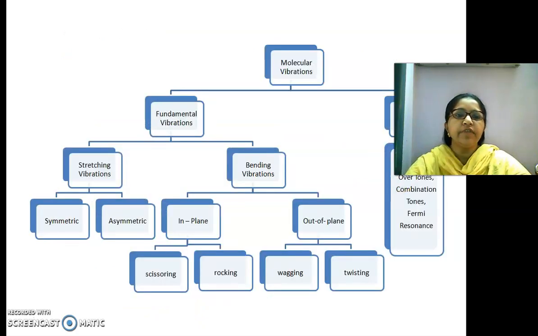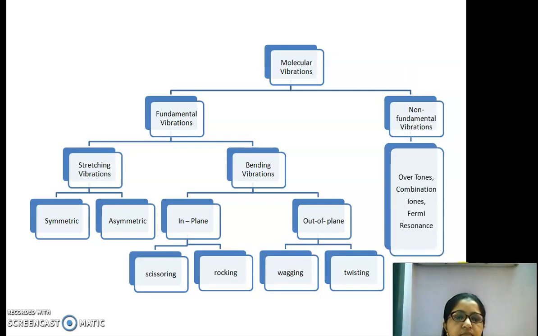Now we are studying molecular vibrations. Molecular vibrations can be of two types: fundamental vibration and non-fundamental vibration. Fundamental vibrations can again be of two types: stretching vibrations and bending vibrations.